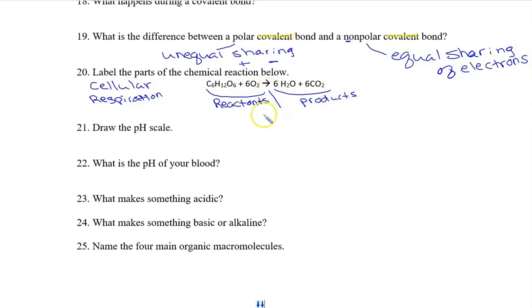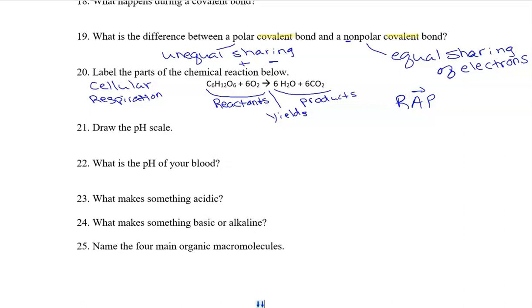The arrow means yields, or to make. So reactants yield products. The way you can remember that, because students mix them up, is RAP: reactants, arrow, products. So the reactants yield the products, RAP. Because you know I got to have some fancy way to remember it.